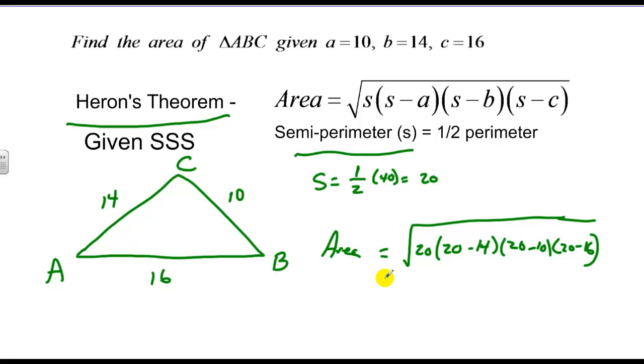This would be pretty easy to do without a calculator and find the exact value. But the book's probably going to round this off anyways, so we can go right ahead and do that. So the area in this case is roughly 69.28 square units.